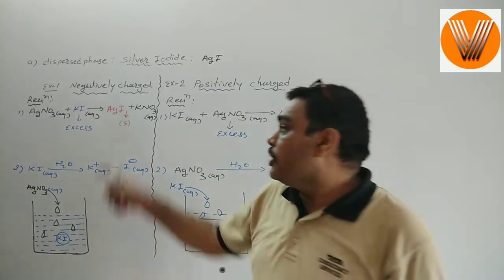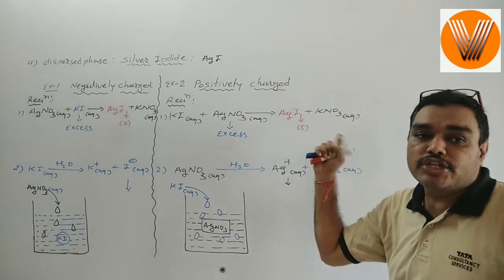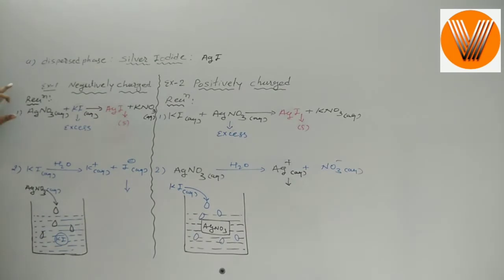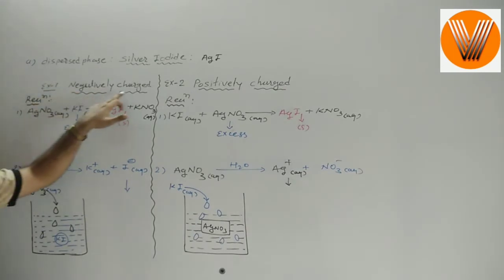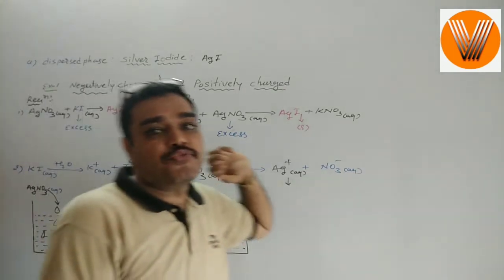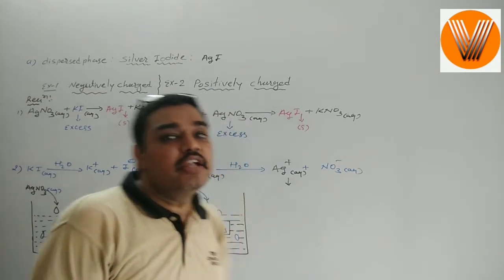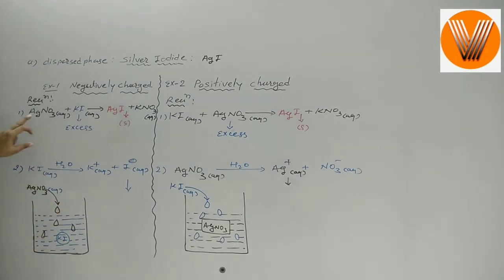Here you can see both reactions are given. In the first example, to obtain a negatively charged dispersed phase particle of silver iodide, we will take a very dilute solution of KI in this beaker.